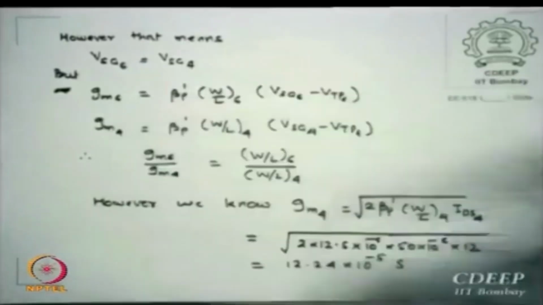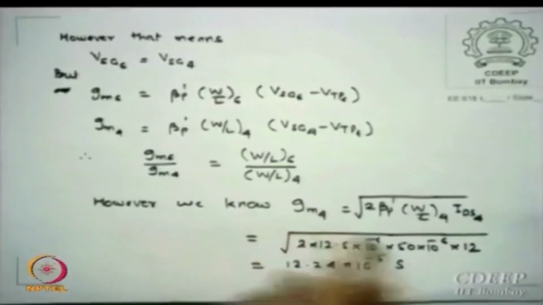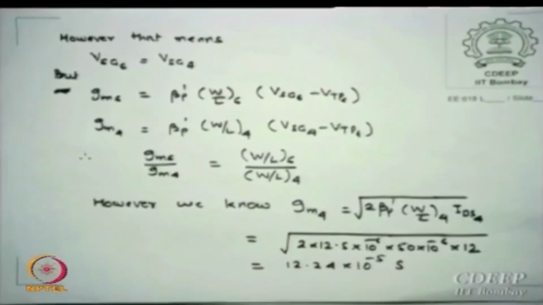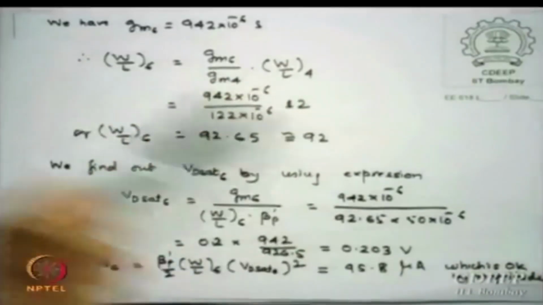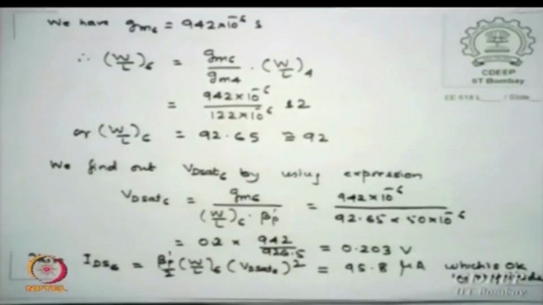Is it okay? Everyone written down? gm4 is 122 microsiemens. I got gm6 as 0.4 microsiemens. So I get gm6 by gm4 into W by L4 is W by L6, which is now 92. How much was it earlier? 40. Now I increase it to 90.